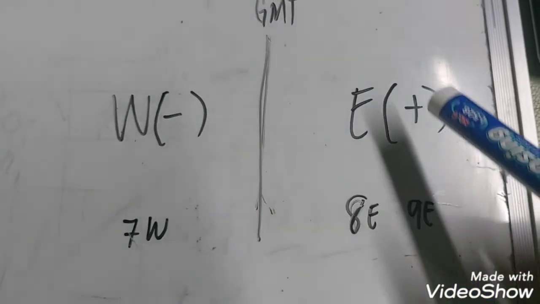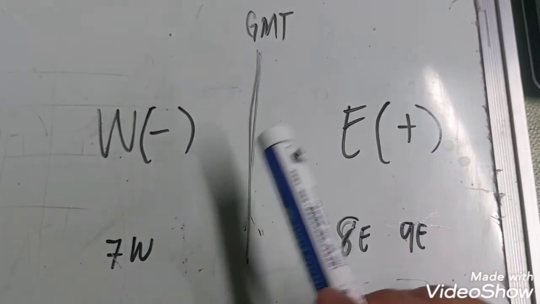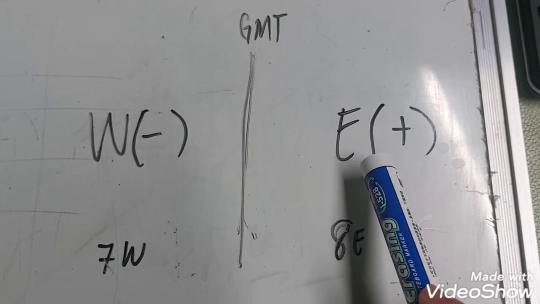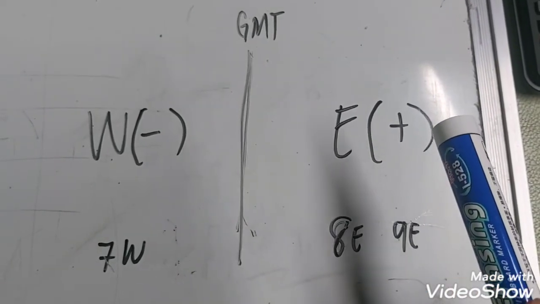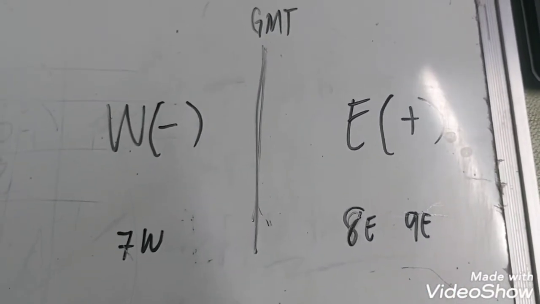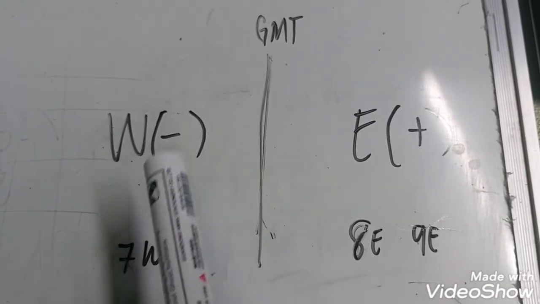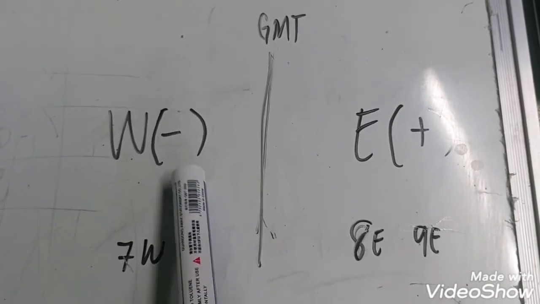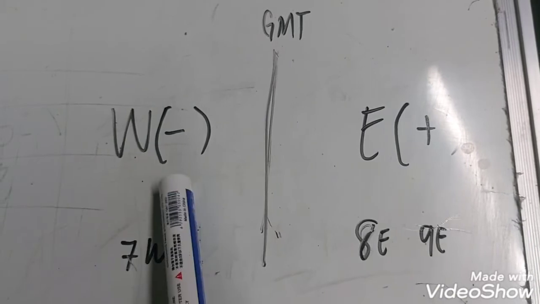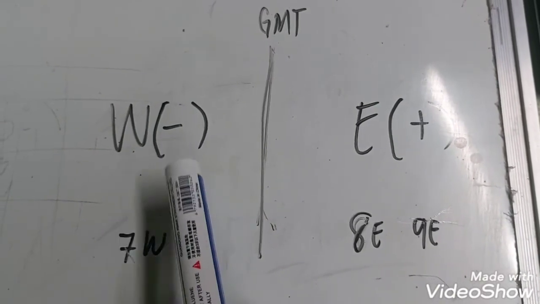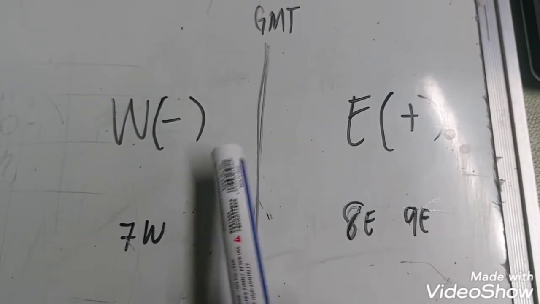So just always remember, when it is east of Greenwich Mean Time, it has a positive sign, and when it is west of GMT, it has a negative sign. That is always the case, constant.